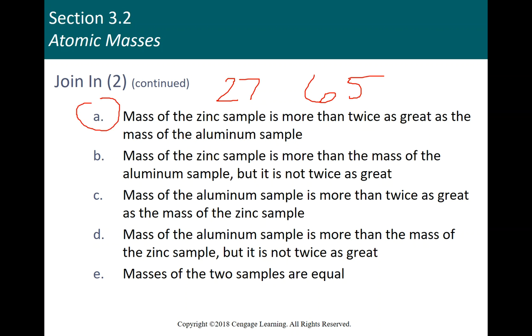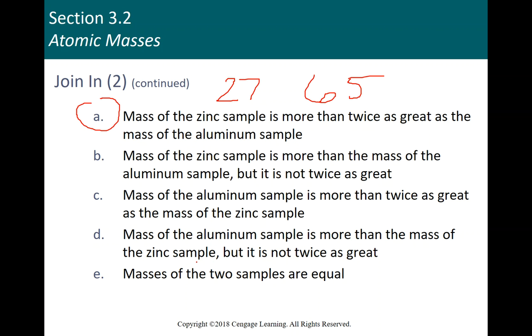So we're going to say A, but let's look at the rest of them. Mass of the zinc sample is more than the mass, but not twice as great. We know that's not correct. Mass of the aluminum sample is more than twice as great as the mass of the zinc sample. Well, aluminum is not more massive. And then also D is incorrect, and we know they're not equal.